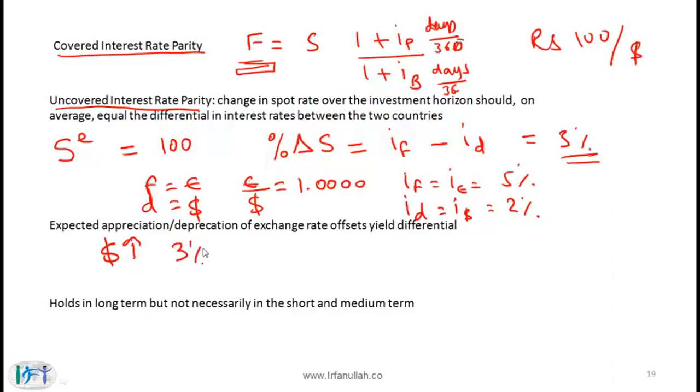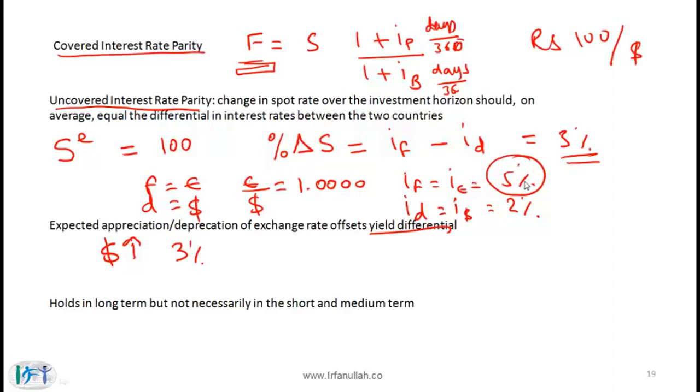So another way of looking at it is that this expected appreciation of the dollar basically will offset the yield differential of the dollar and the euro. In other words, for the US investor that I was talking about earlier, if he invests in the eurozone, then in terms of euro, he will make a 5% return.